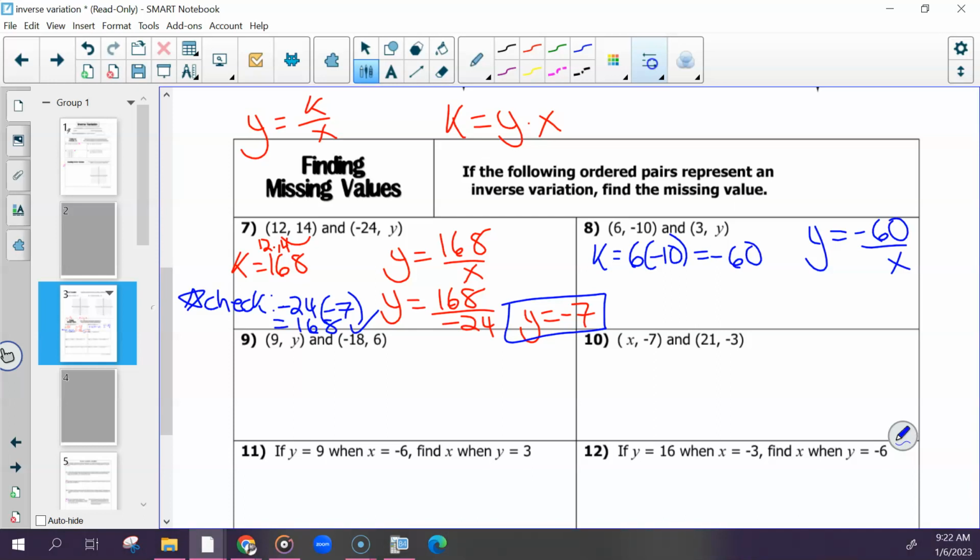I didn't do these, but that's okay. I think I meant to do 10, but we'll just go through. So we could put 3 in for x again.